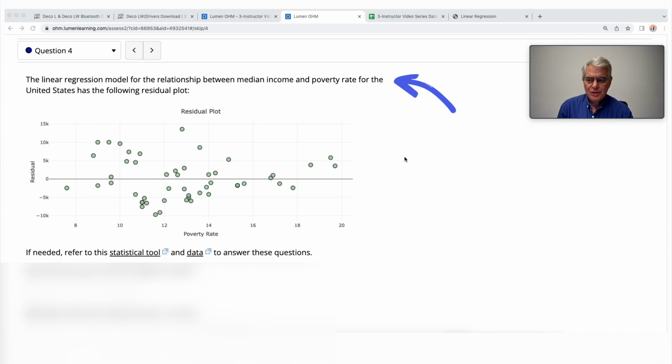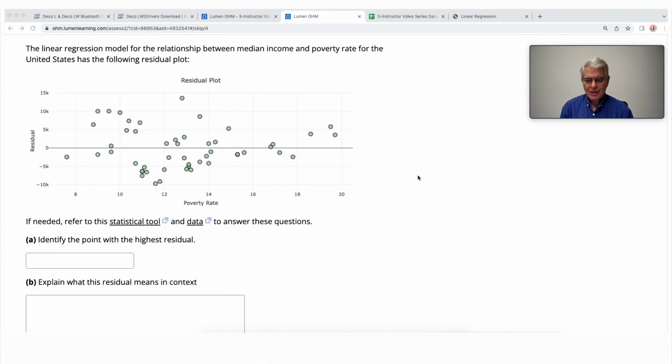The linear regression model for the relationship between median income and poverty rate for the United States has the following residual plot. Now, in question 3, we had median income in the X position and poverty rate in the Y position.